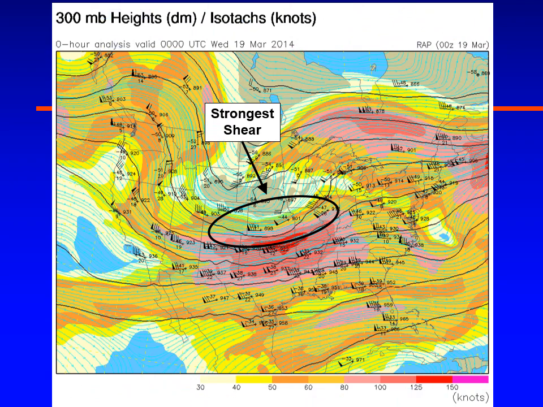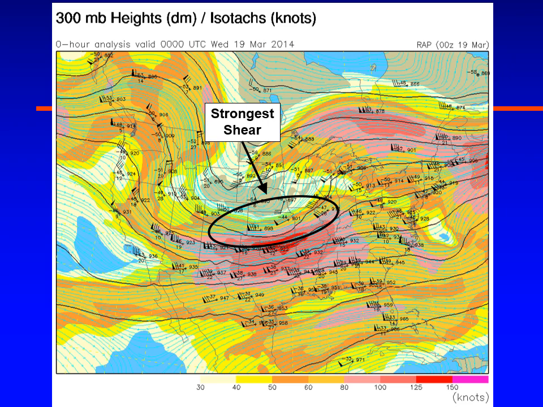Here's a 300 millibar chart, and on this chart you can see red indicates the jet stream core, and in fact that's a jet streak, and you can see that the winds are moving along in excess of 125 knots. Now this is located over Oklahoma, that area of red.